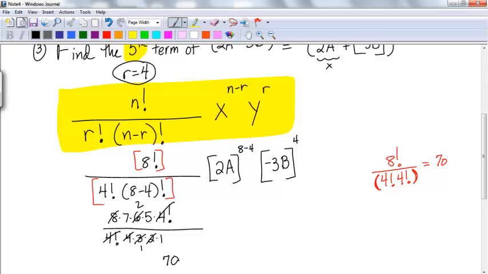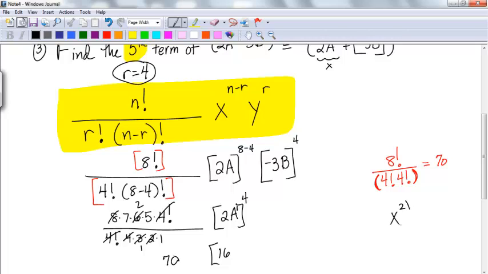Now we just need to finish. This would be 2a to the 4th. So what's 2 to the 4th power? 16. And when you raise a power to a power, what do you do with the exponents?